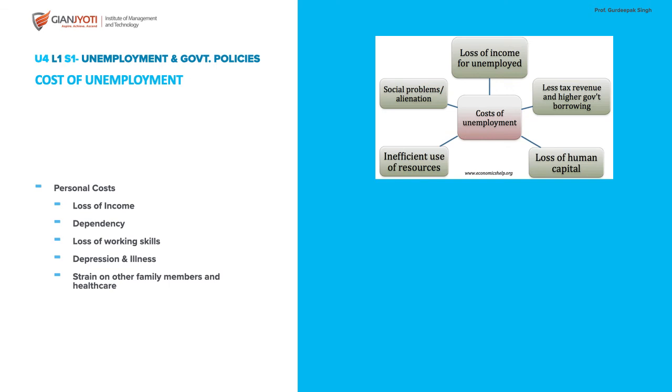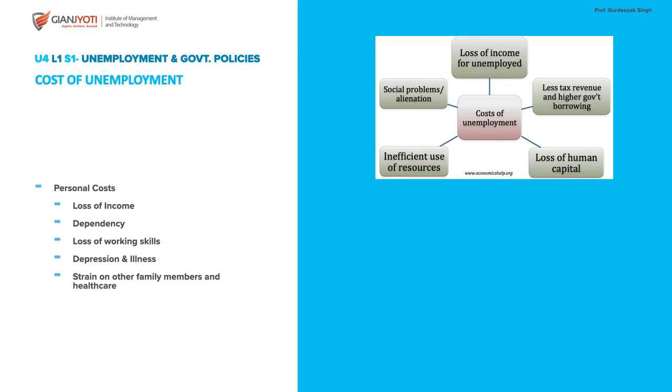Let's look at cost of unemployment. So there are economic costs. The biggest is the cost to the country, but let us look at the personal cost. The person who is unemployed has loss of income, so more dependency on the government and on the subsidies and on the unemployment allowances.